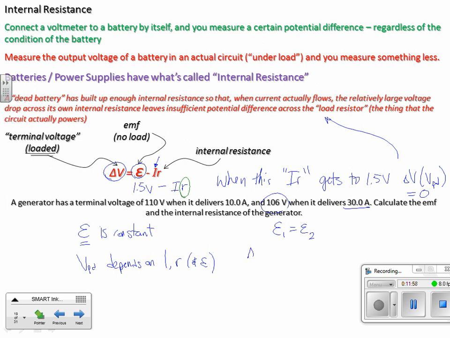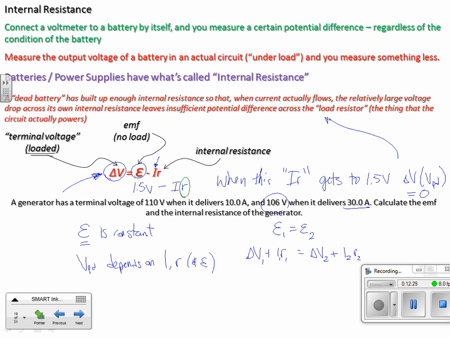I can say that delta V1 plus I1R1 is delta V2 plus I2R2. Right? I'm just rearranging this. If delta V is E minus IR, then E is delta V plus IR. Okay?